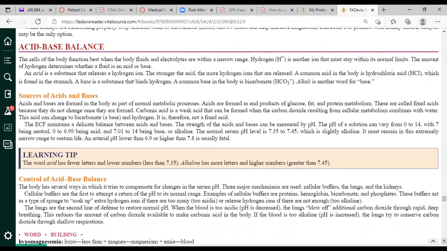Okay. So next is talking about acid-base imbalance. So I actually want to discuss something with you all about acid-base imbalance.